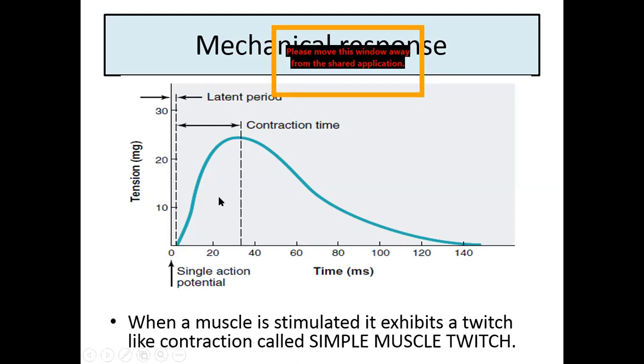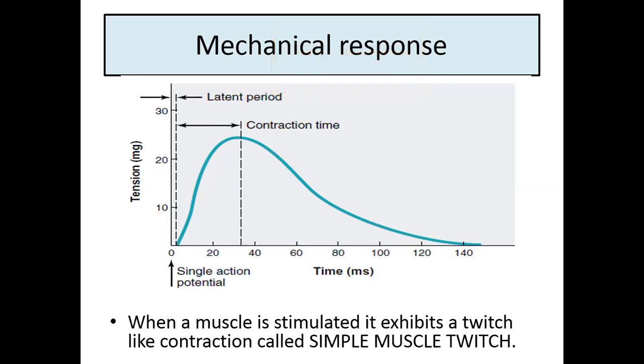The twitch-like contraction is called the simple muscle twitch. By twitch-like, I mean there is a sudden increase in tension when you apply a stimulus, followed by a decrease in tension. That is the simple muscle twitch, and the curve obtained is the simple muscle curve.